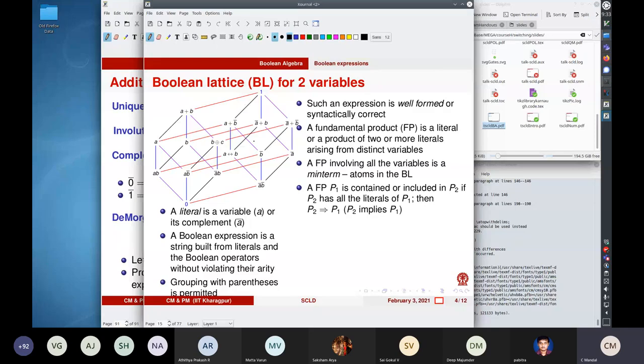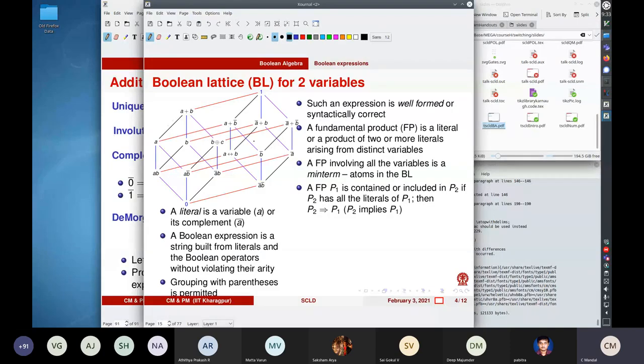Now we also have the concept of a fundamental product P1 being contained or included in P2 if P2 has all the literals of P1, then P2 implies P1.